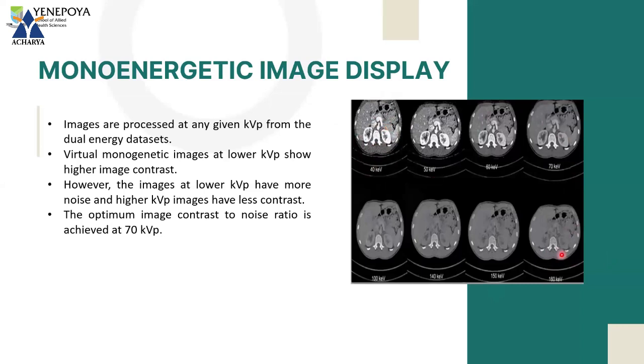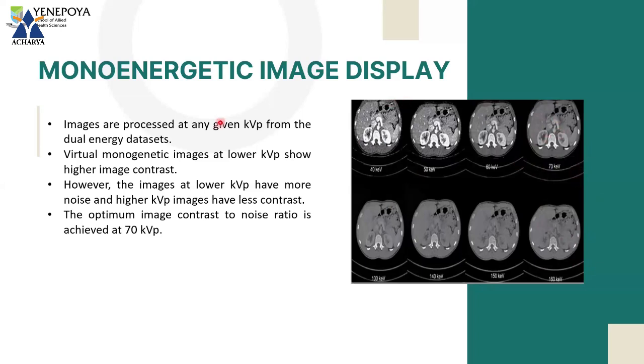Here, the contrast differentiation is less compared with 40 kVp, but the noise is very low, which makes the image very clear. So you come to a conclusion where you see optimum image contrast and less noise. You visualize the images at 70 kVp or something like this.